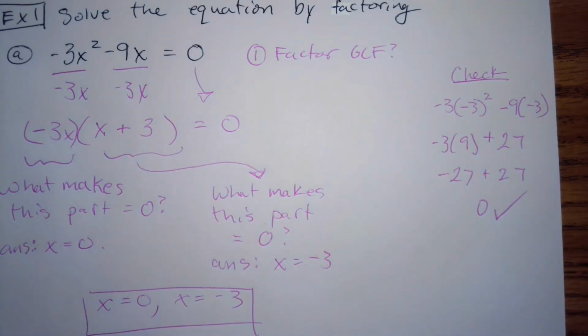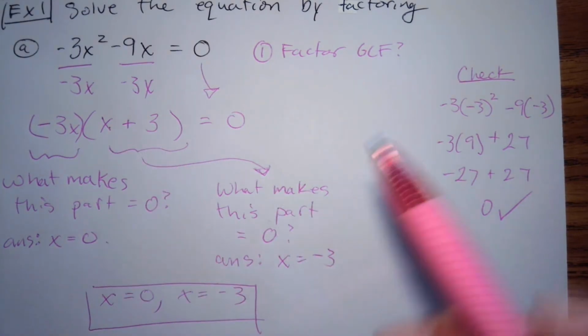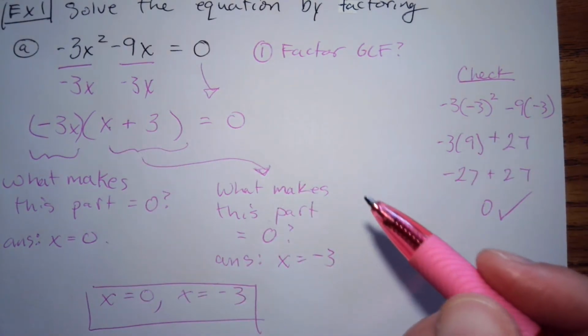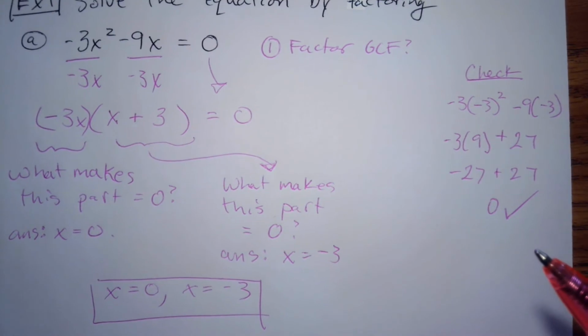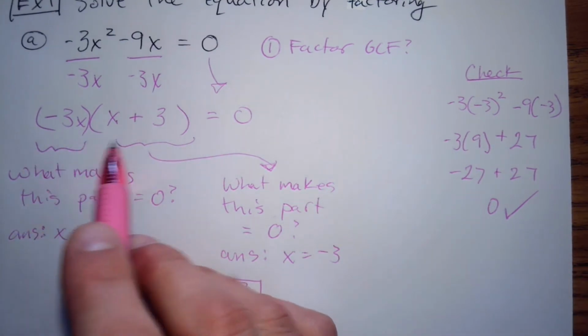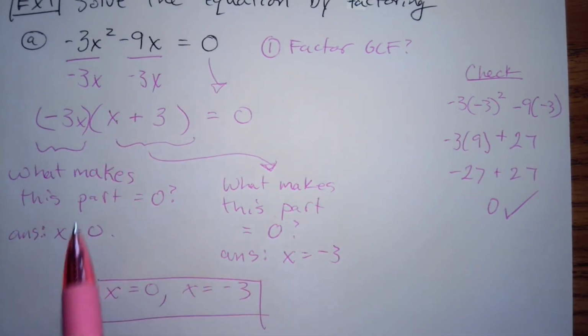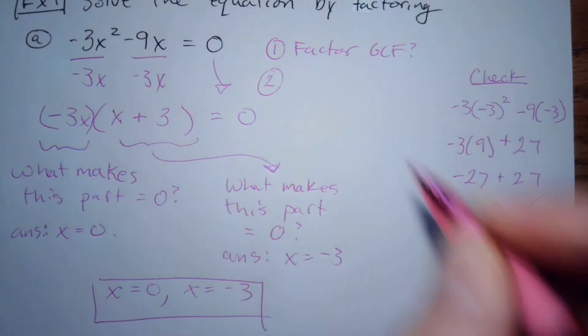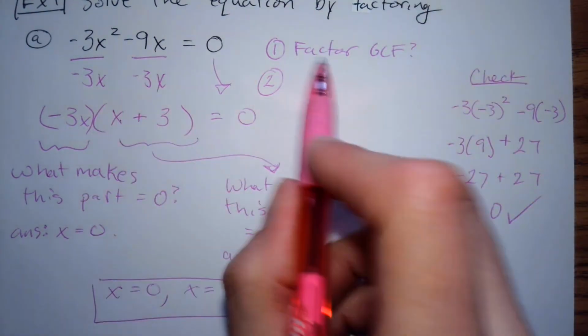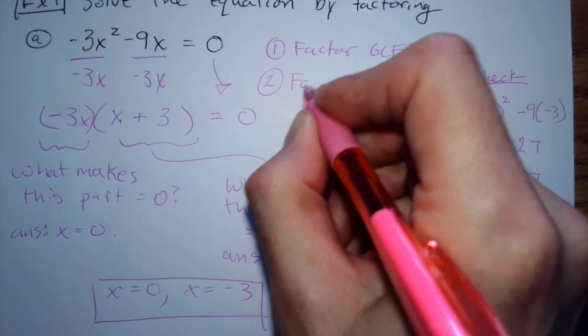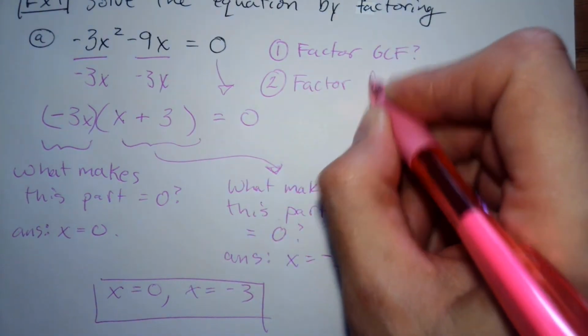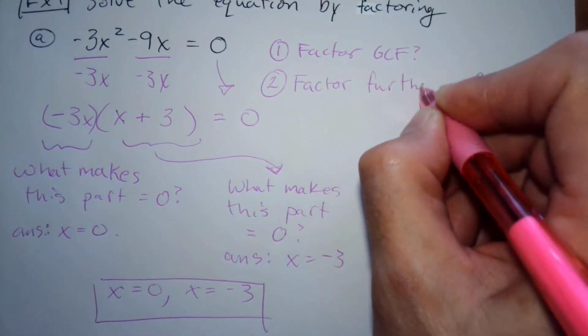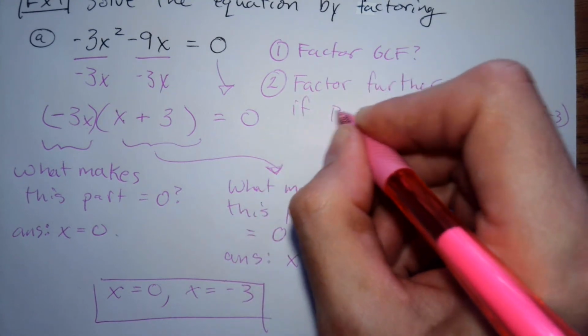That's what we wanted. So the steps were to factor, and then once you have it factored and written as a product, well, here we factored out a GCF. Then factor further if possible.